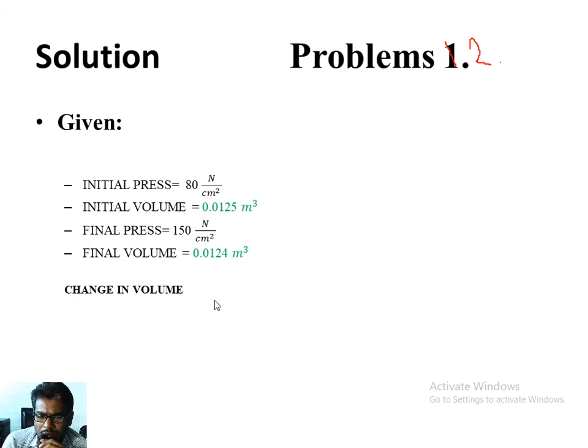So the change in volume is 0.001 meter cube, and the change in pressure is 70 Newton per centimeter square.